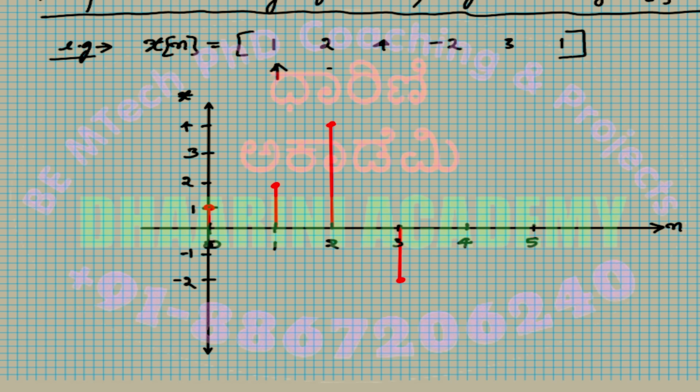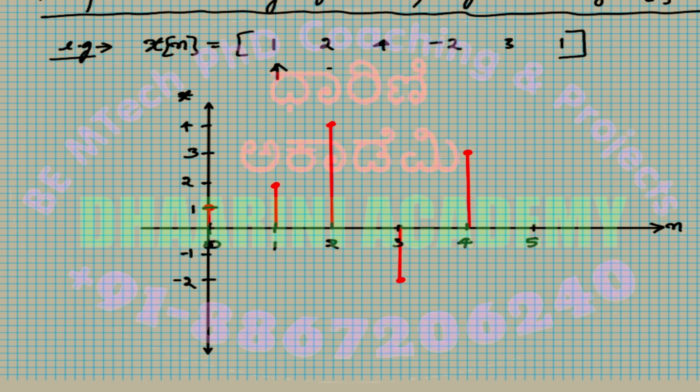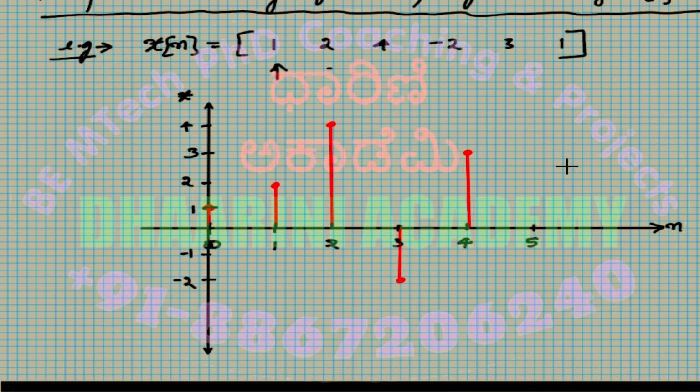And at 4, it is 3. And at 5, how much? It is 1. Okay, so this is the plot.